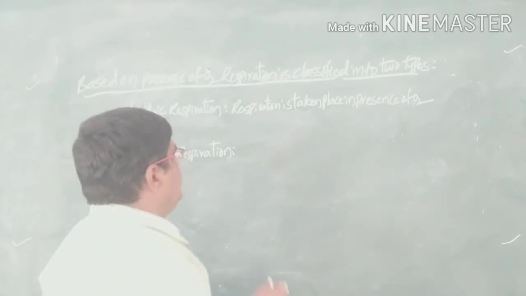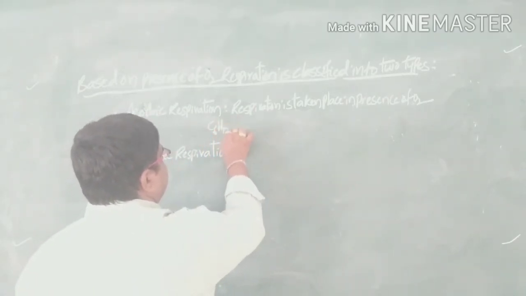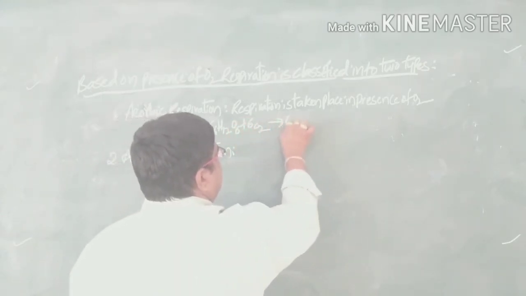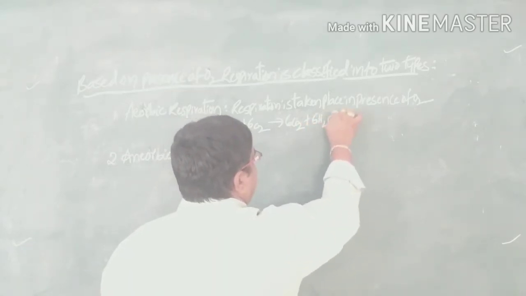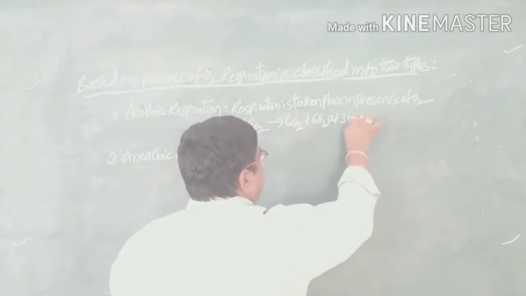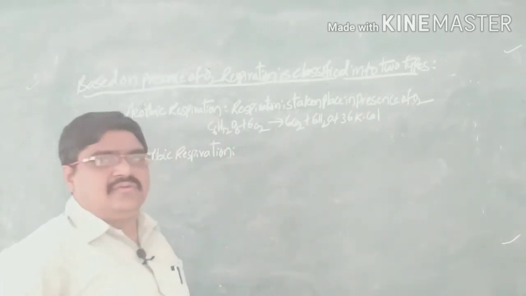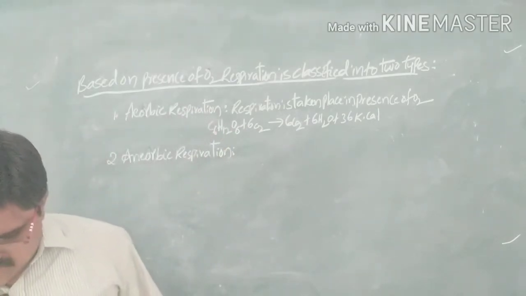Here, C6H12O6 plus 6O2 gives rise to 6CO2 plus 6H2O plus 36 kilocalories of energy. That means 36 ATP molecules are produced.